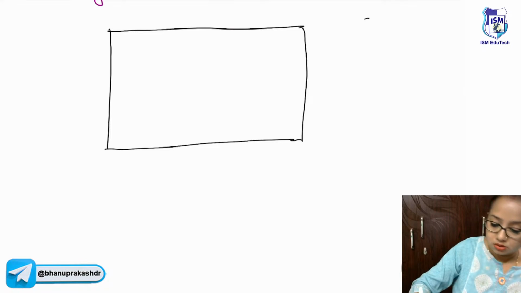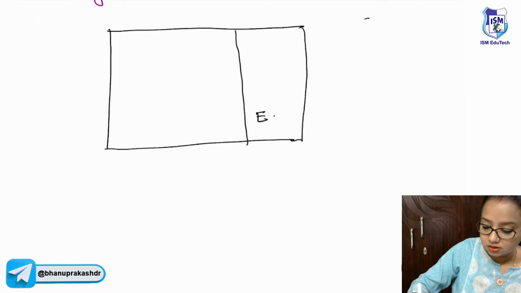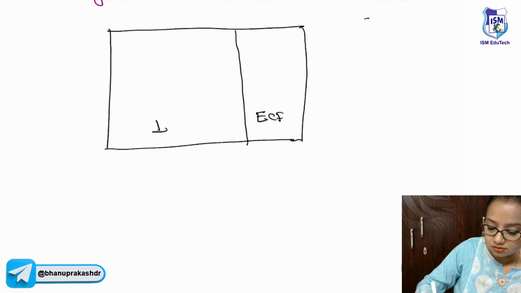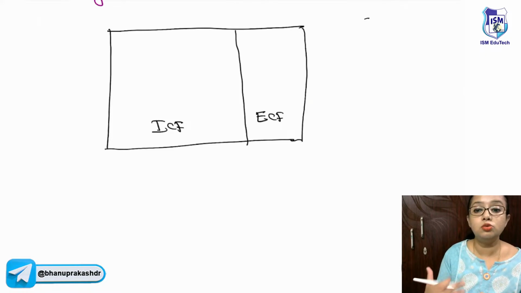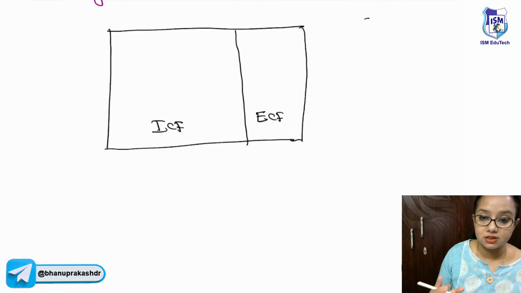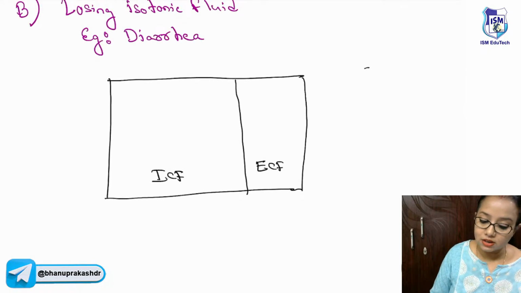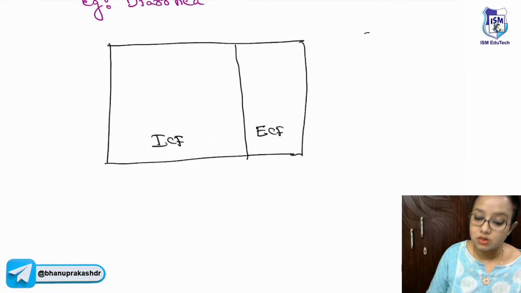Okay, so this is our ECF and this is our ICF. When we are losing isotonic fluid, as in diarrhea, there is loss of electrolytes and loss of water in equal quantity. So it is loss of isotonic fluid, example diarrhea. In this condition, what will happen?